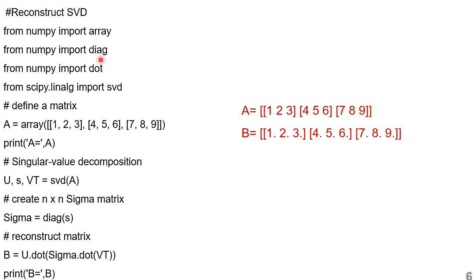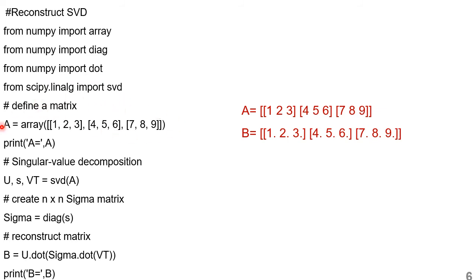In this particular example, I want to reconstruct the given matrix A after decomposition. So I need to import certain libraries. I have imported array from NumPy, diag from NumPy, then dot from NumPy, and svd from SciPy.